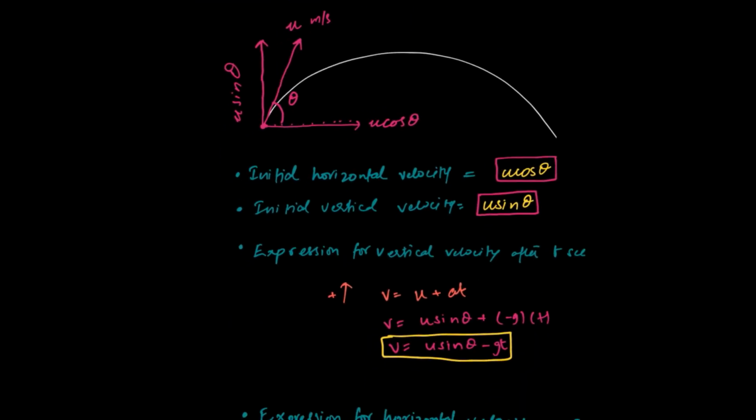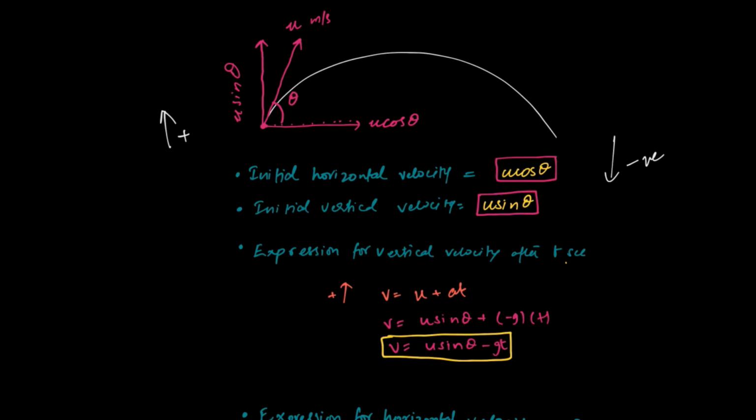And then it says expression for vertical velocity after t seconds. So we know that v equals u plus at, and in the vertical component we know that the initial velocity is again u sine theta as we already calculated, and acceleration we already know is due to gravity. However, it would be negative, and the reason is that gravity is directed downwards and we take downwards as a negative direction, and everywhere in these explanations we have to assume that we are taking the upwards direction as a positive direction.